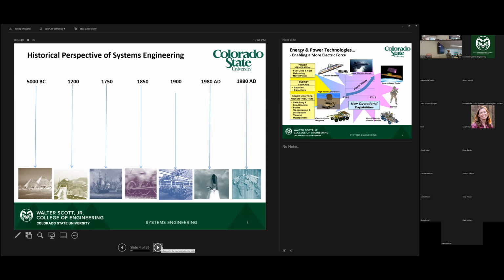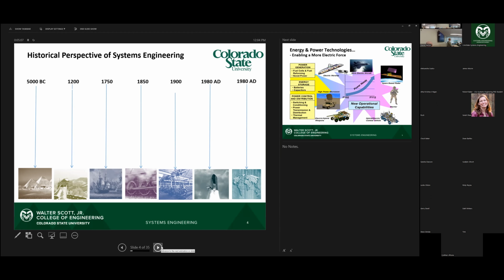That's what happened to the Vasa, which ended up actually sinking on its maiden voyage because the king changed requirements so many times it was a problem. But you can see we're going on into railway transportation, and we end up obviously in the 1980s, and coming up with some systems that are certainly not as mechanically simple, right? So we start getting into a different age of what's actually happening.